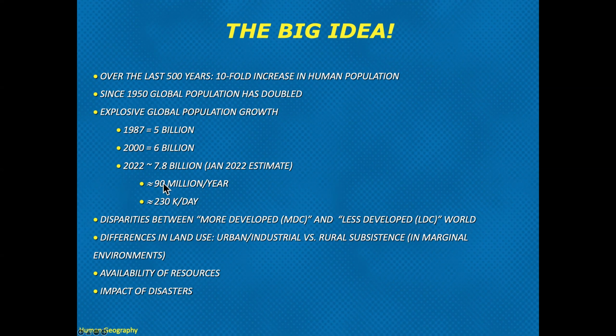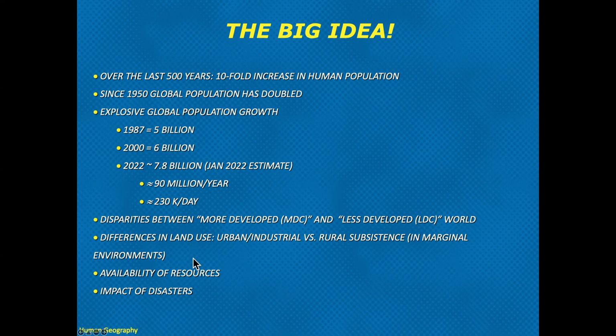This is how it changes roughly per day and per year, and there are big disparities between the developed world and the less developed world. And that's frankly one of the big argument points about population, has been for decades, will continue to be as we move through the 2020s.